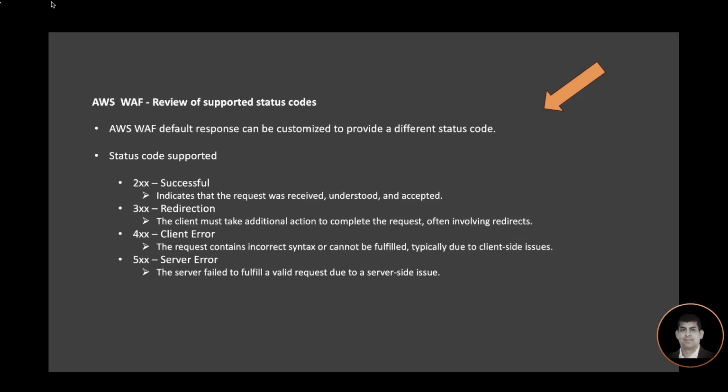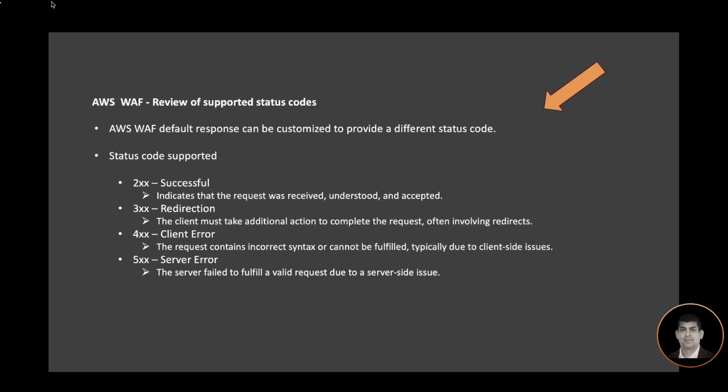AWS WAF default response can be customized to provide a different status code. Now here is the status code. I don't have the entire list here. You can find it in the AWS documentation, but as a high level summary, you can have 2xx successful responses to indicate that the request was successful.